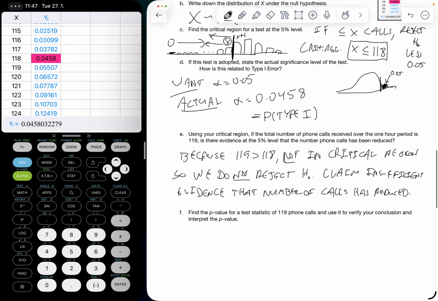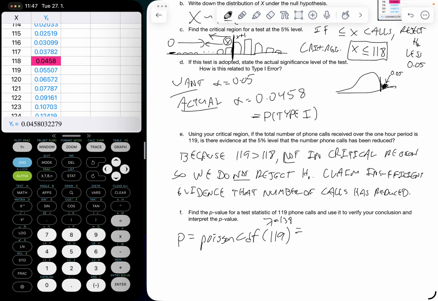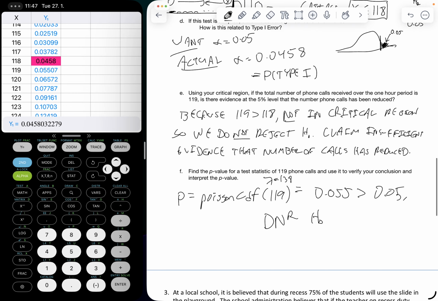and it's still super close. Your p-value here would be just Poisson CDF at 119 with an average of 138, and we have that on our list here. That's 0.055. But because that's greater than our significance level of 0.05, we do not reject the null hypothesis.